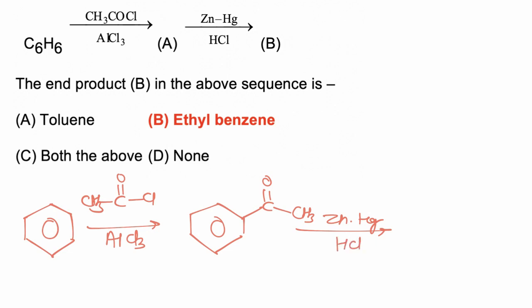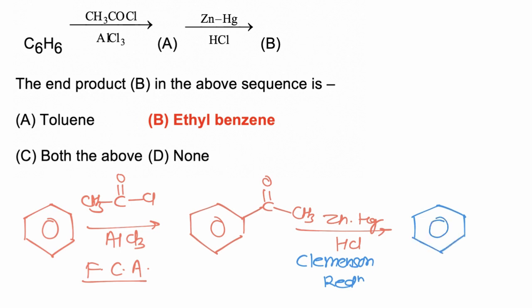The first step is an example of Friedel-Crafts acylation reaction, and the second step is an example of Clemmensen reduction. During Clemmensen reduction, the carbonyl group will reduce to an alkyl group. So ethylbenzene is formed as the final product, and hence the correct answer is B.